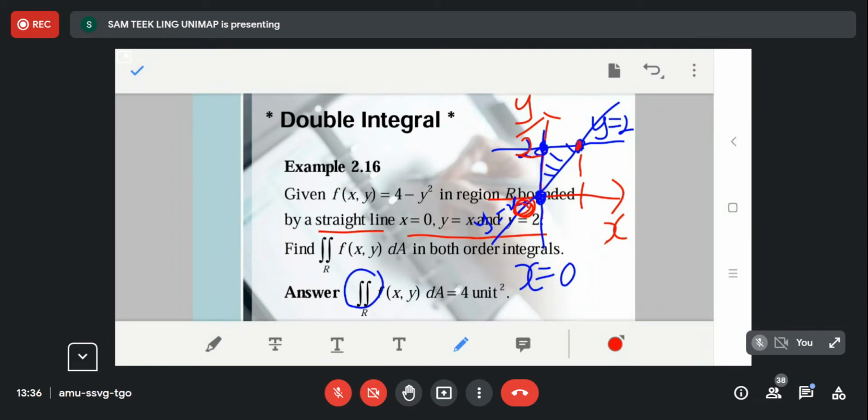You can see this is the intersection of the line y equals 2 and also the line y equals x. So we know y is 2. So what is your x? Also 2.